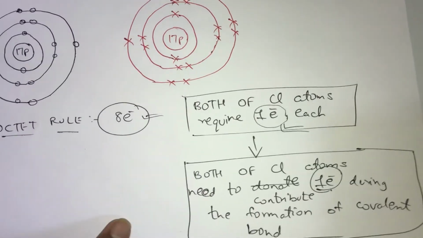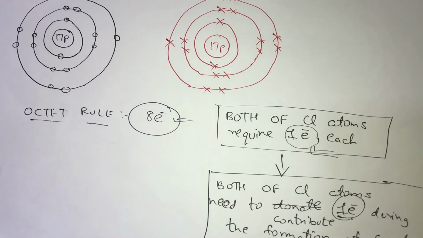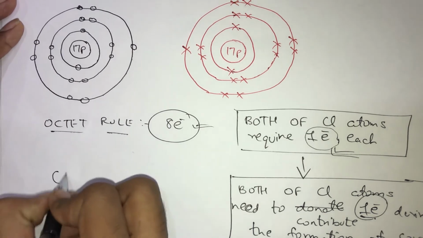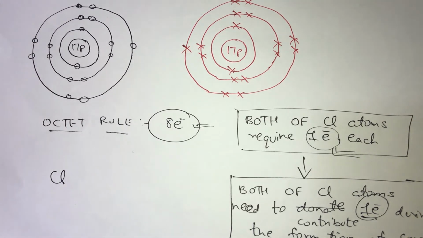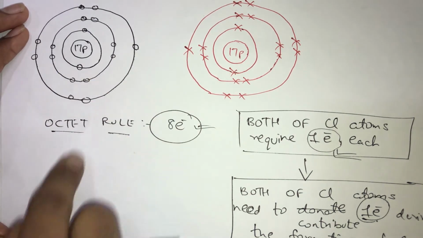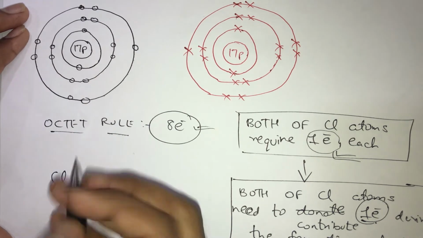Okay, so for that what I am going to do is draw the Lewis structure of both of these diagrams. Now what is a Lewis structure? In the Lewis structure we only represent the outermost energy level electrons. Okay, so I will represent these 7 electrons. I am drawing a Lewis structure for this diagram first.